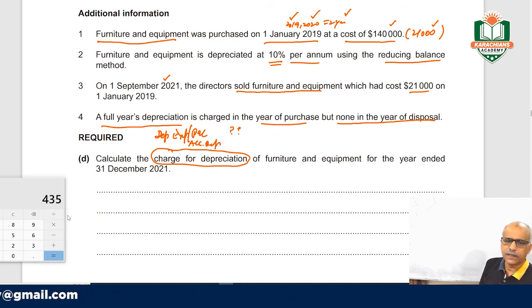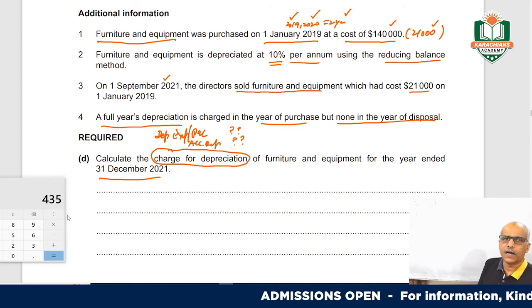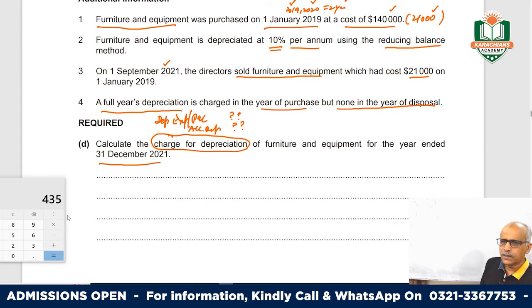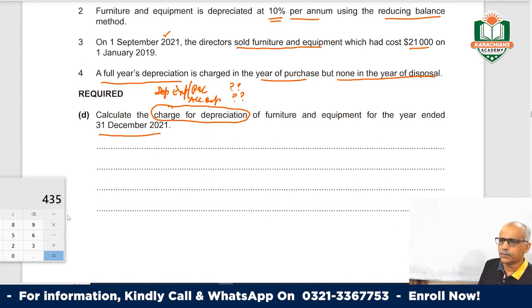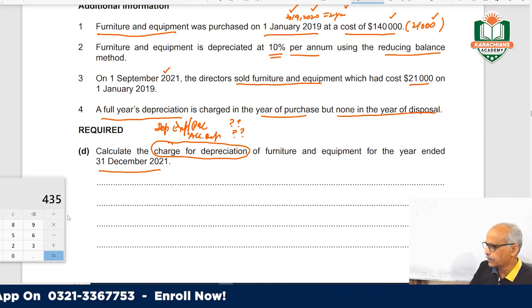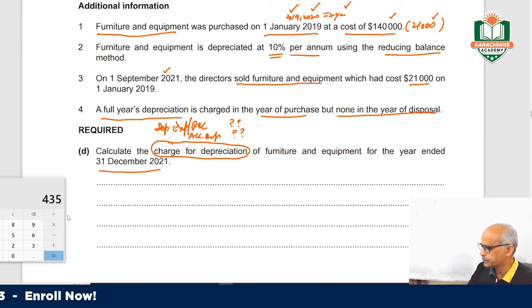They are asking how much depreciation you will charge for 2021 at 31st December. So this is a very easy question, not a technical one. You just consider one thing very carefully, just one thing.